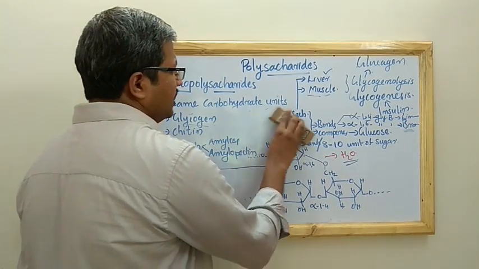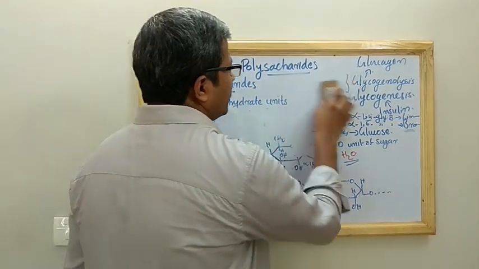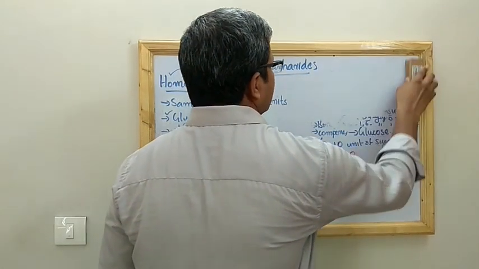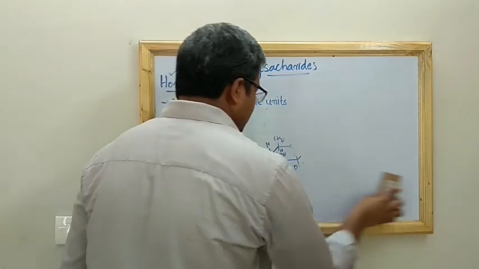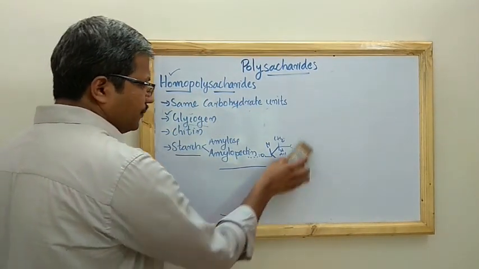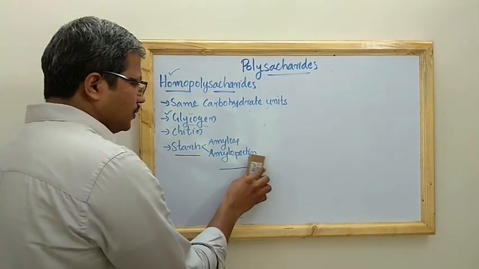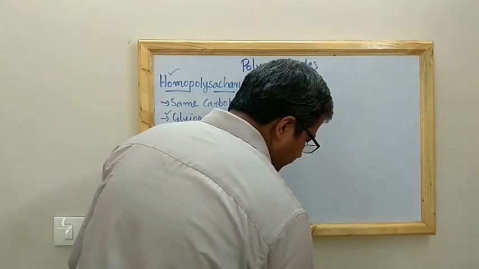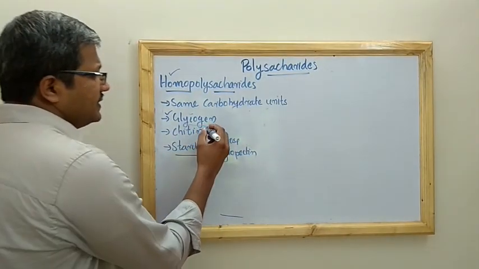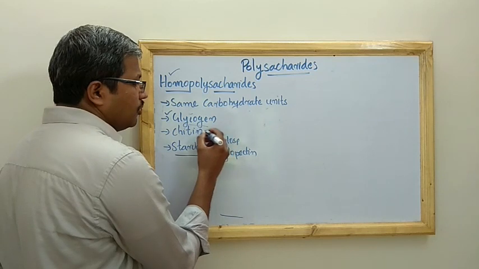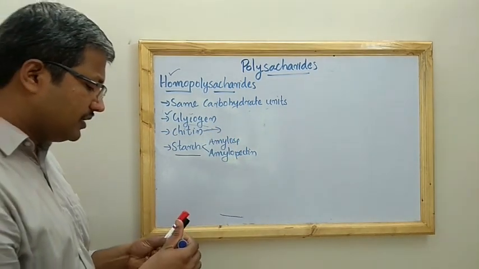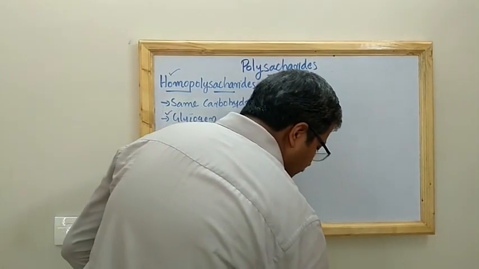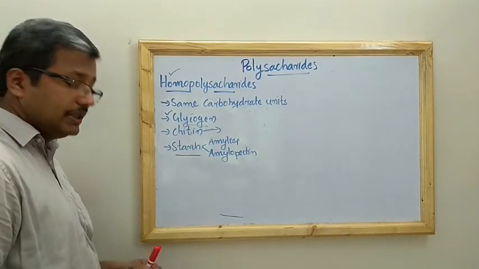So chitin, we already discussed as part of the N-glycosidic bond. You can find the N-glycosidic bond in the case of chitin in the formation of N-acetyl glucosamine. So we can see here. Chitin is actually a homopolymer, which is composed of N-acetyl glucosamine.